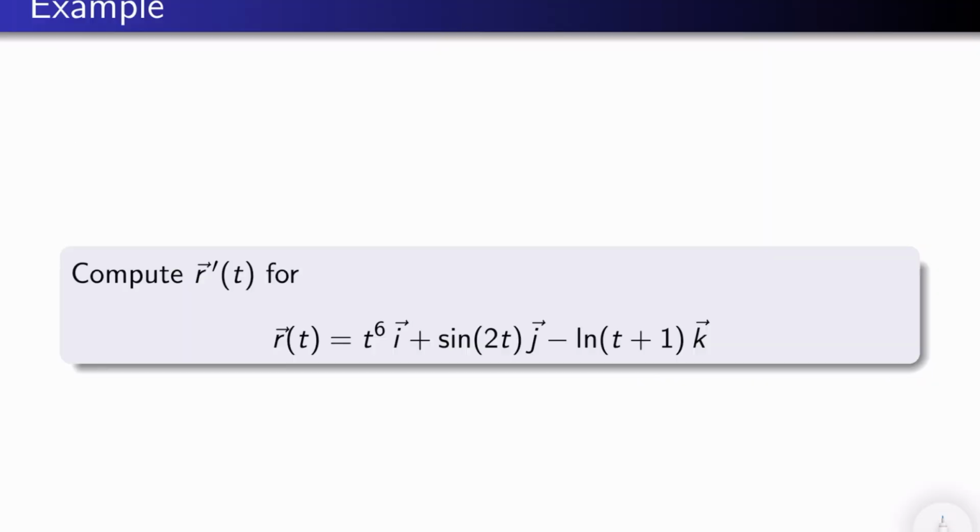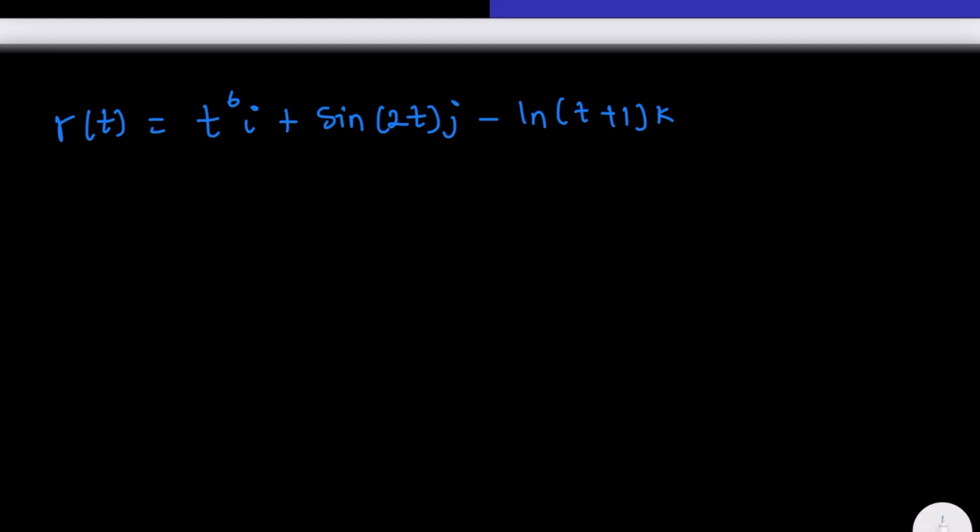The first example on derivative of vector function, we are given the vector t^6 i plus sine of 2t j minus ln of t plus 1 k, and we're being asked to find the rate of change of this given vector. Here we are going to differentiate this vector component-wise.